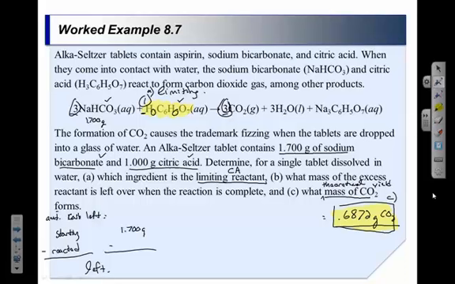That's going to require conversion. So if I'm forming this amount of CO2, how much bicarbonate actually reacted? If I have information about one substance, I want information about a different substance, I just need to do a conversion. So I would say, how many grams of the bicarbonate actually reacted if I got 0.6872 grams of CO2?